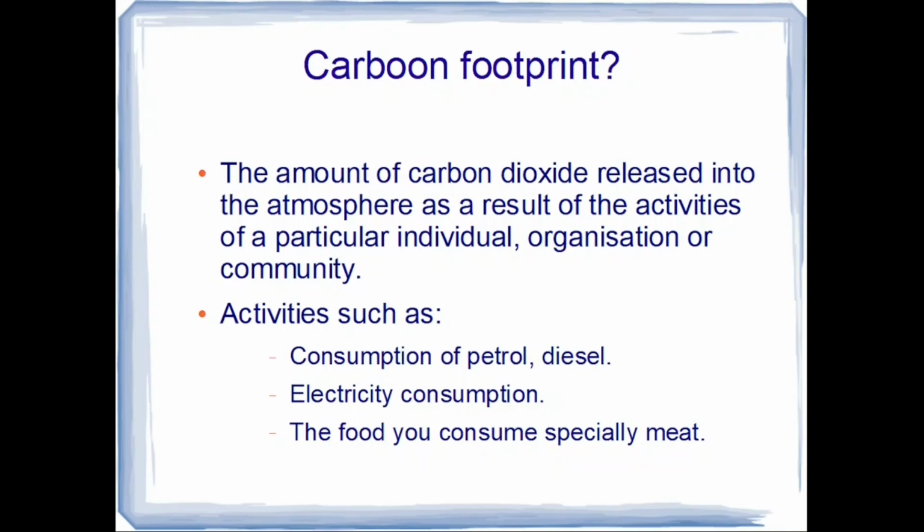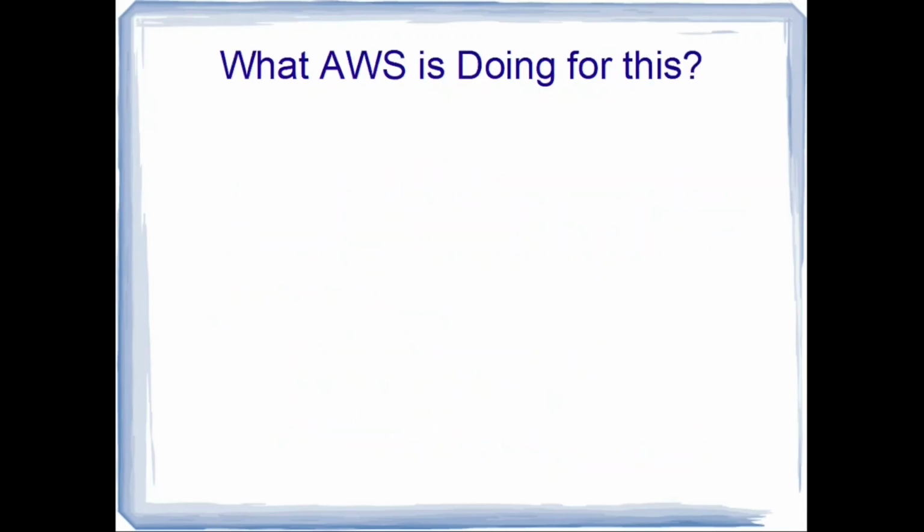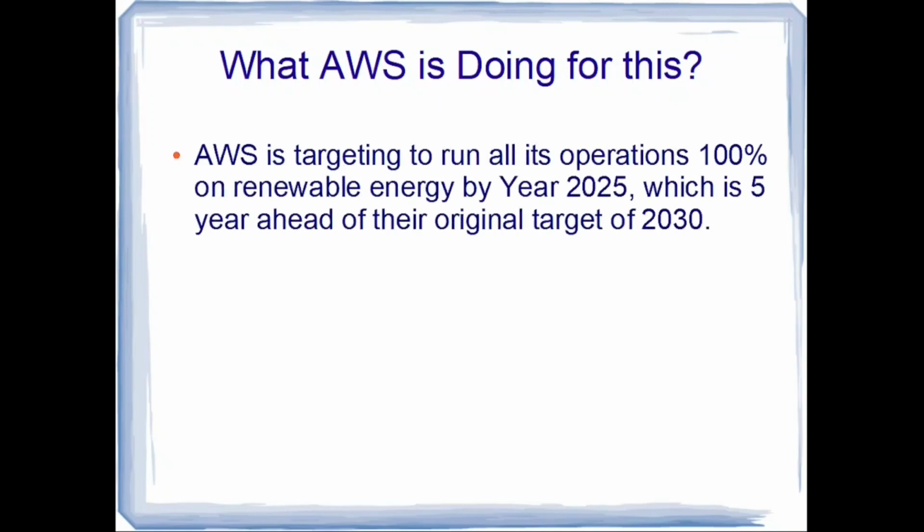So as an individual, I request you to reduce the carbon footprint as much as possible. Now let's see what exactly AWS is doing in terms of reducing carbon footprint. AWS is targeting to run all its operations on 100% renewable energy by the year 2025.